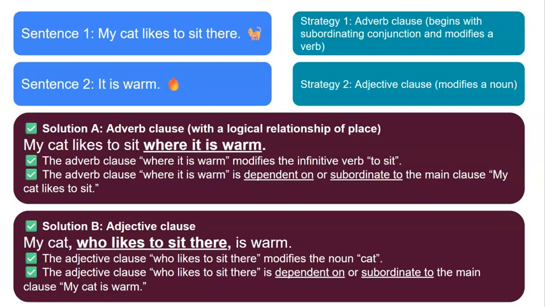Solution B is an adjective clause. The combined sentence is my cat who likes to sit there is warm. Here we can see that the adjective clause who likes to sit there modifies the noun cat, and that the adjective clause is dependent on or subordinate to the main clause my cat is warm.